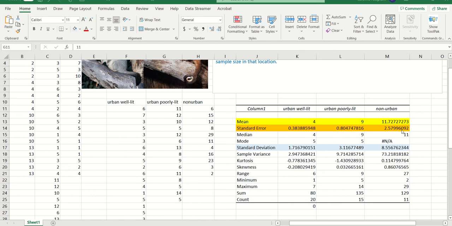There's quite a bit of standard error, which means that overall, this has a greater uncertainty to the actual data. So this mean, we're not quite sure if that mean is accurate and precise. We are uncertain. So these are two measurements of uncertainty. So how do we write about this?